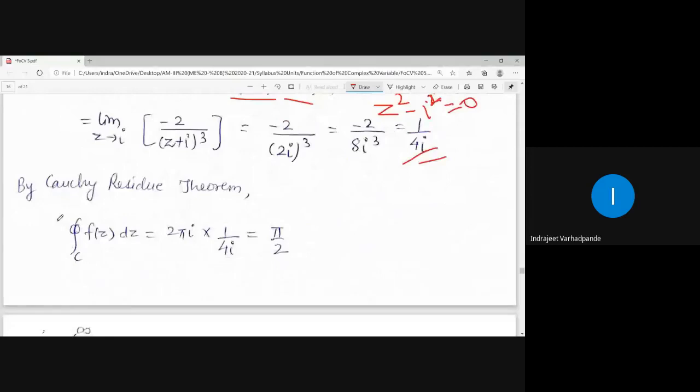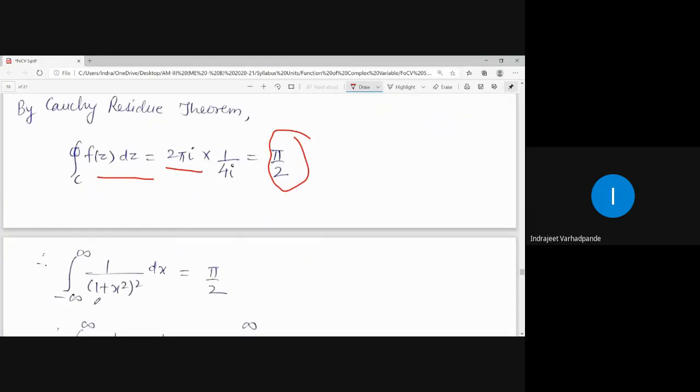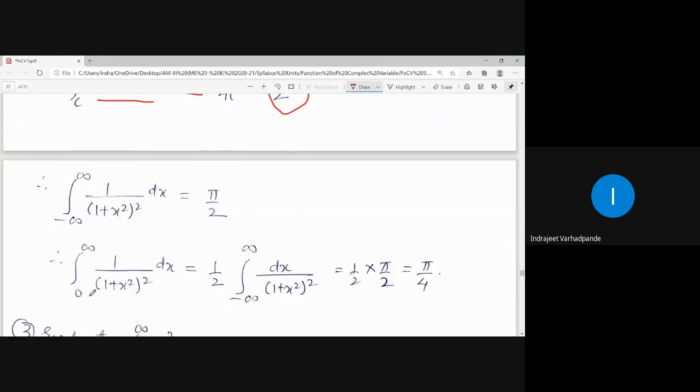By Cauchy residue theorem, integral over closed curve C f of z dz will be 2 pi i into 1 upon 4i. Pi will be there, 2 will be reduced, i gets cancelled, answer is pi by 2. But this is for minus infinity to infinity. Our question is 0 to infinity. So multiply that answer by half. So pi by 2 into half becomes pi by 4.